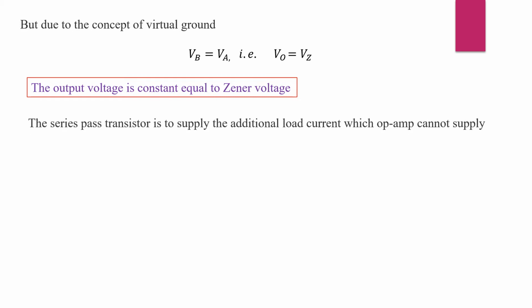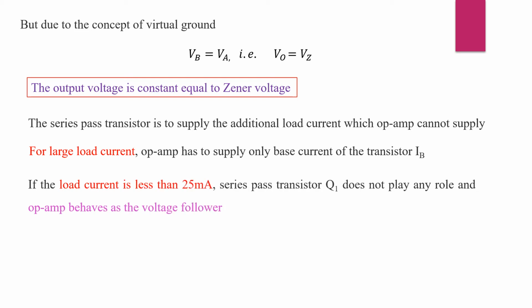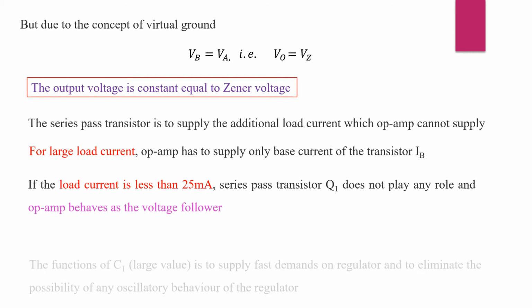The series pass transistor is to supply the additional load current which the op-amp cannot supply. For a large load current, the op-amp has to supply only the base current of the transistor, that is IB. If the load current is less than 25 milliamp, series pass transistor Q1 does not play any role, and the op-amp behaves as a voltage follower circuit.